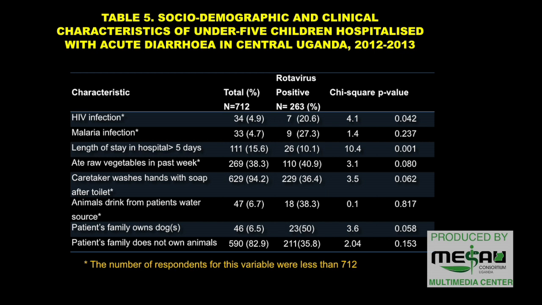We found that there was an association between the stay in hospital and being rotavirus positive. And we found only 6.7% of the patients had animals drinking from the same water source as the patients.